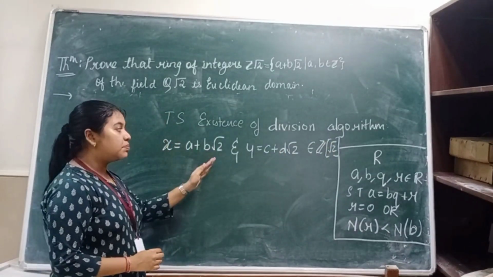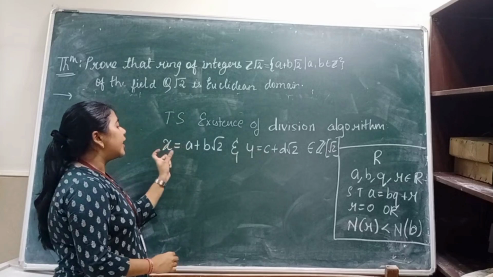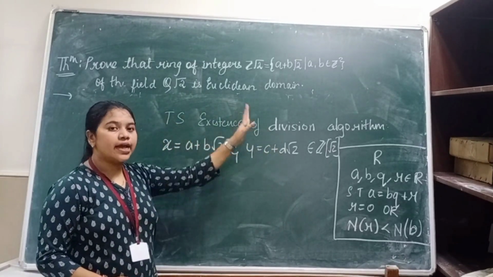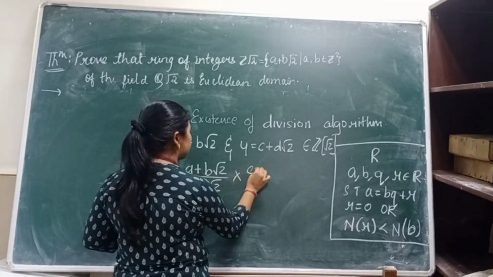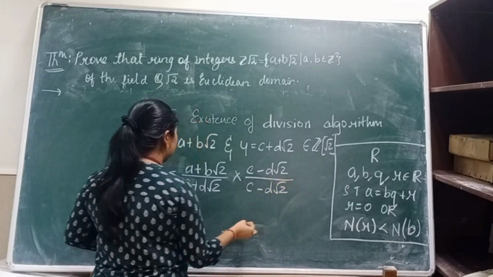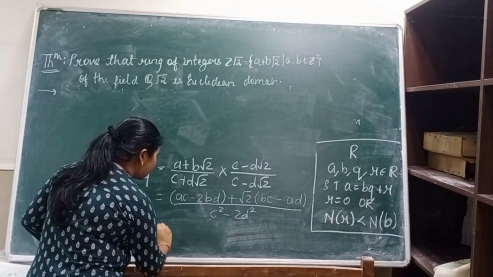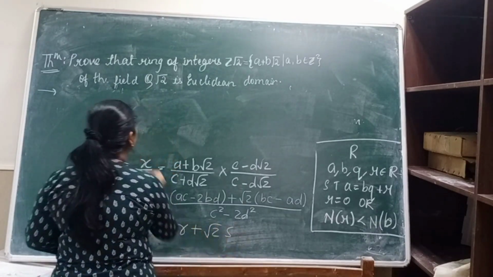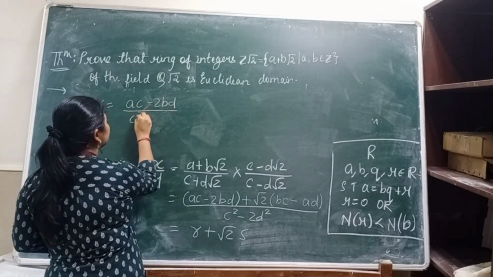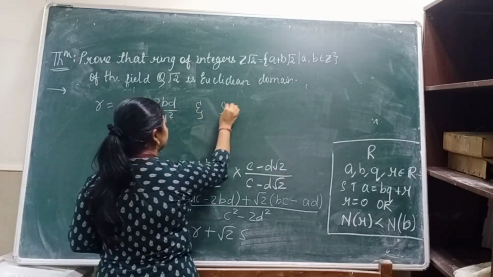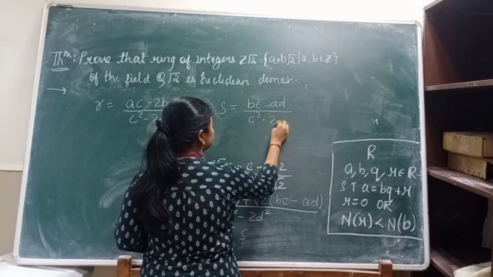Take x equal to a + b√2 and y equal to c + d√2, where x, y belong to Z[√2] and a, b, c, d belong to Z. Now x by y will be equal to r + s√2, where r will be equal to (ac − 2bd) divided by (c² − 2d²), and s will be equal to (bc − ad) divided by (c² − 2d²).